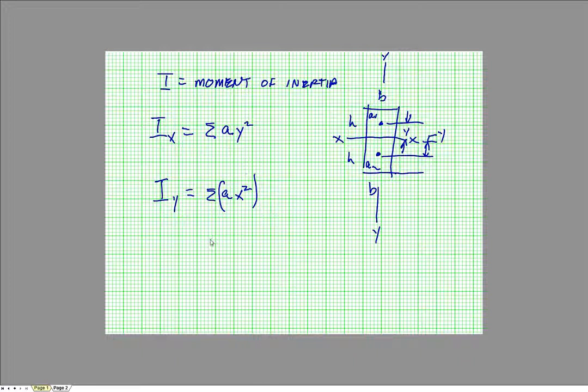The units on this would be inches to the fourth, or meters to the fourth, or millimeters to the fourth, whatever. But you can see that you have area, which is length and height, in inches, and then distance would be inches, multiply that all together. That's why you get a unit to the fourth.